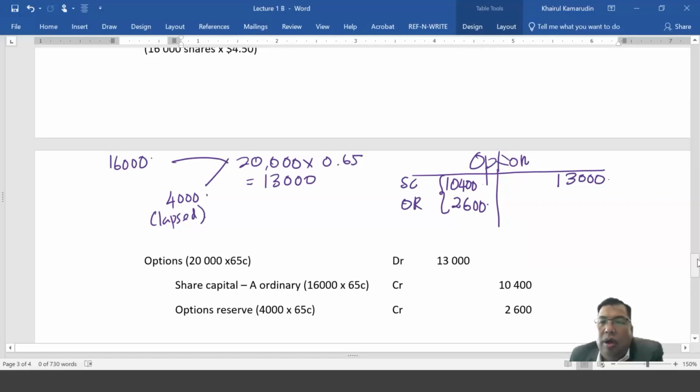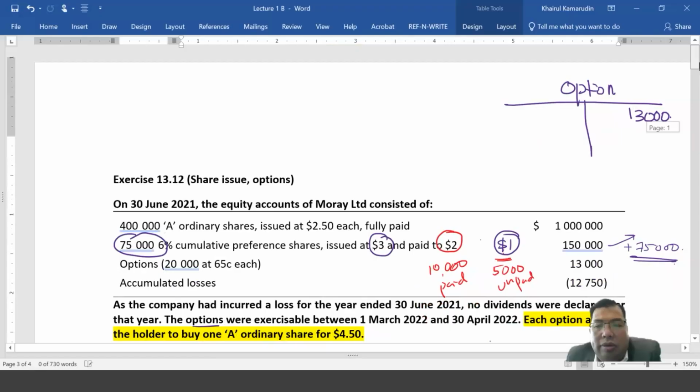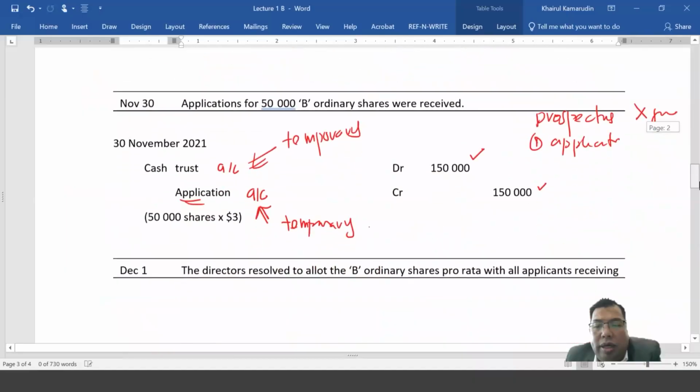So you're going to have your share capital, share capital A. Previously you have a balance. Let me check the balance. The balance is 100,000.